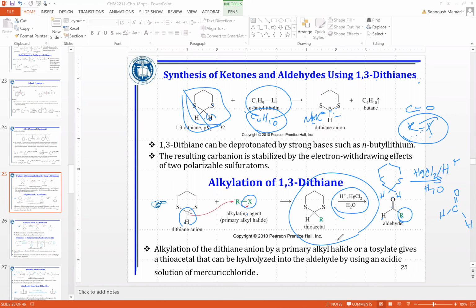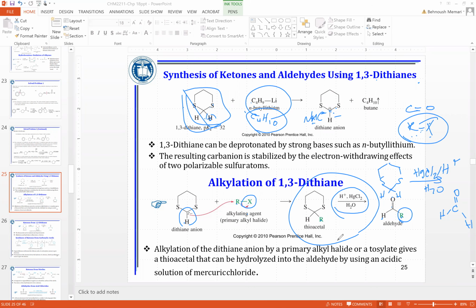Can you tell me what you would do if you were going to make a ketone? How would you change this reaction? Or how would you modify the steps if you want to get a ketone? How would an aldehyde be different from a ketone?